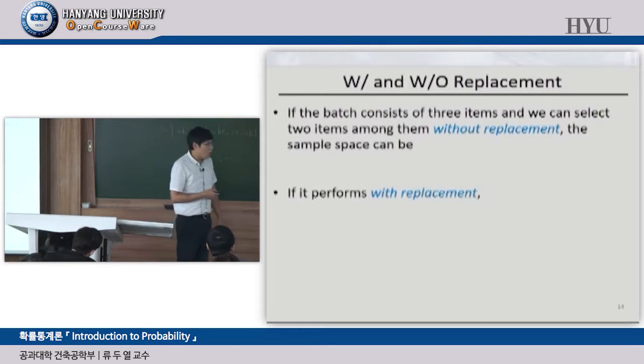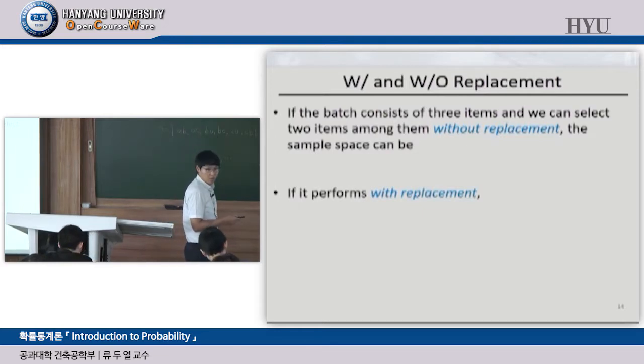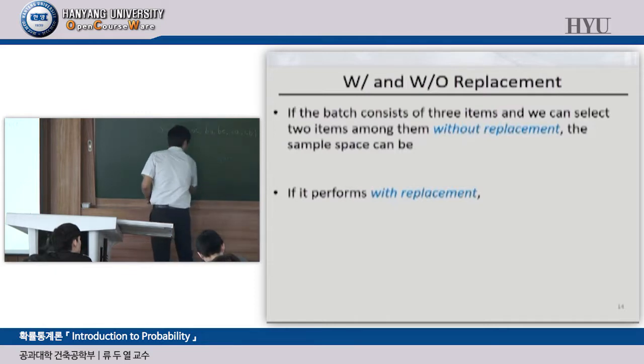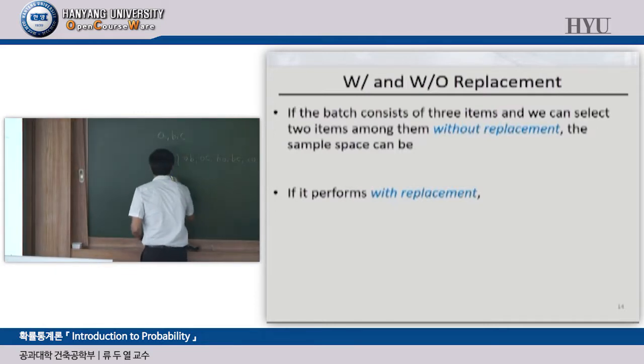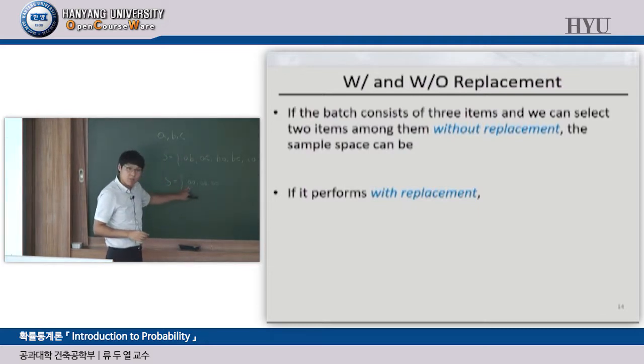And if it is performed with replacement, in that case, the sample space will be changed. We can replace the item after selection, okay? So in the case that we select the A item at the first time, we can have these three choices. First one is that we can select the A item again at the second time.